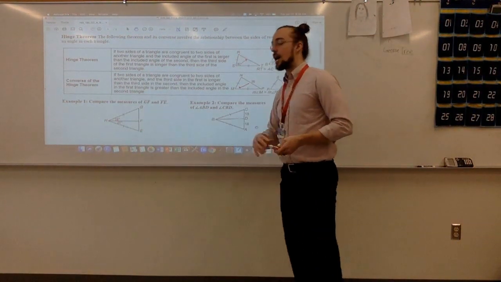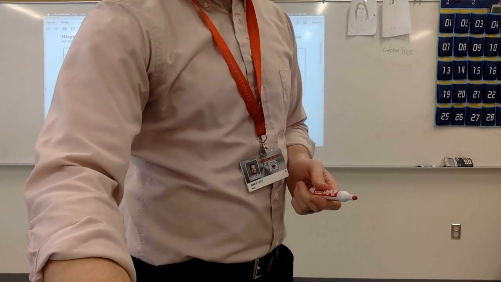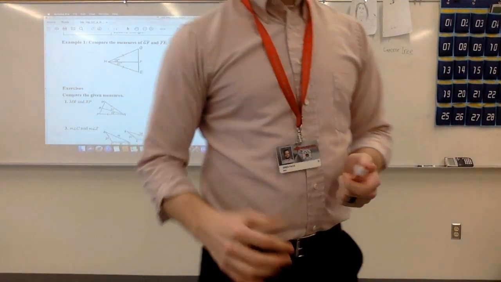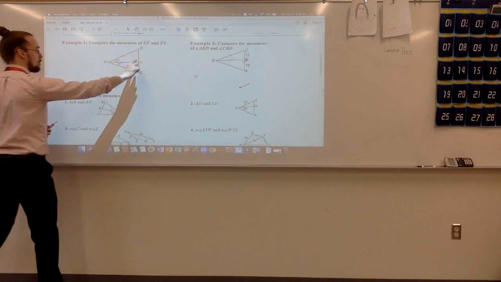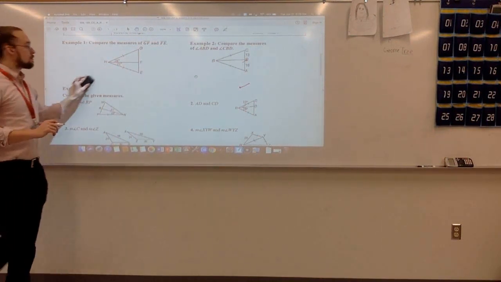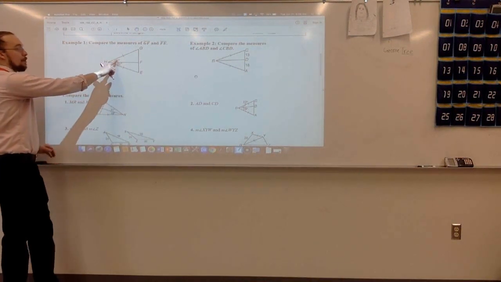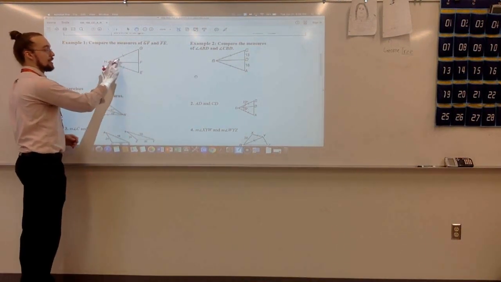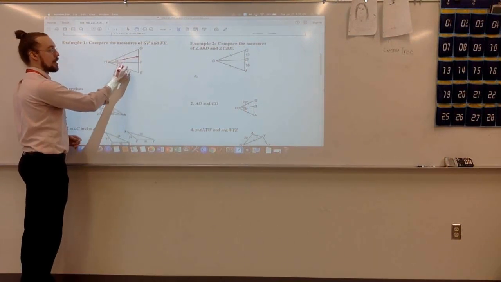So if we look at our examples down here, the first example just says compare the measures of GF and FE. So GF and FE are these two sides right here. If I look at these figures, I know that this angle here is larger than this angle here, the angle that's opposite GF.